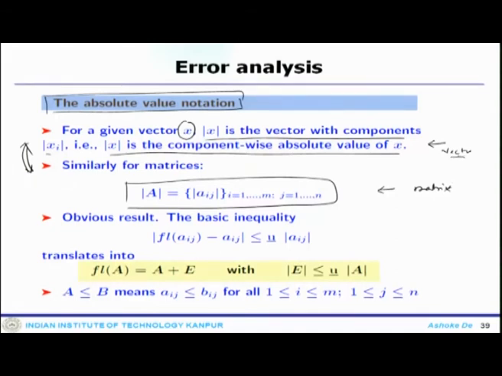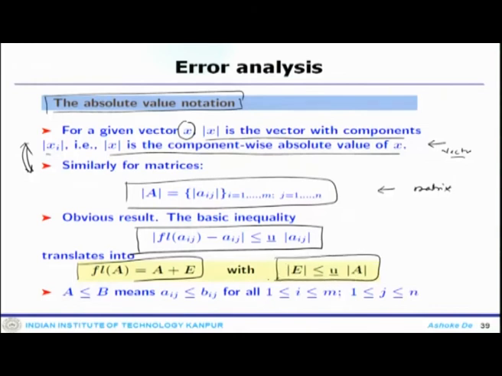So, the obvious inequality that turns out to be floating point of aij minus aij must be less than or equal to u bar mod aij, which translates into floating point of a equals a plus e with mod e less than or equal to u bar mod a.